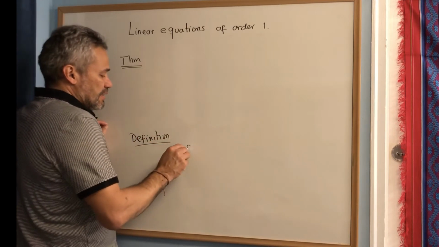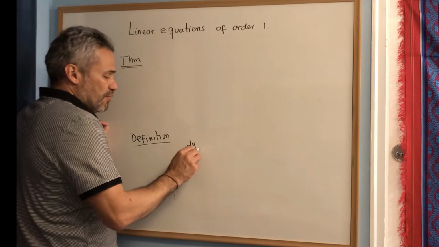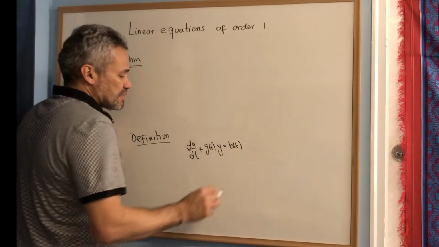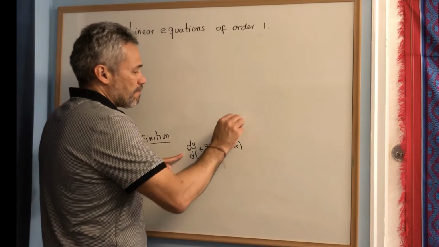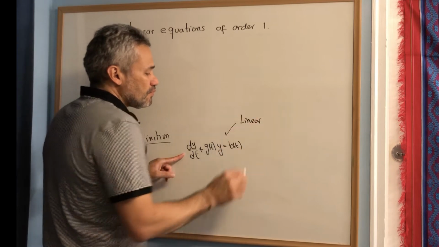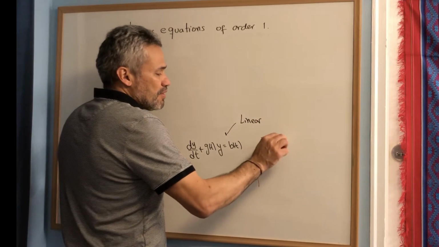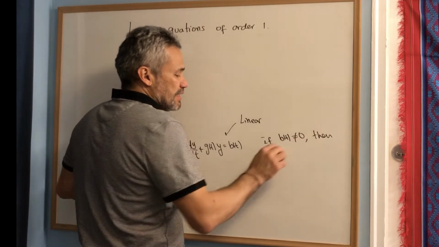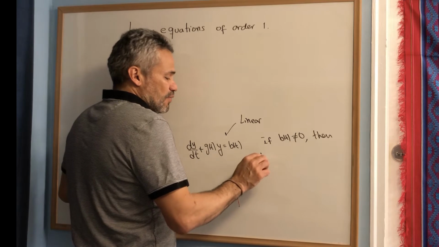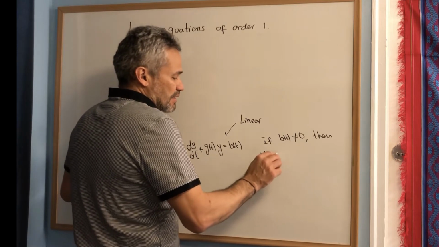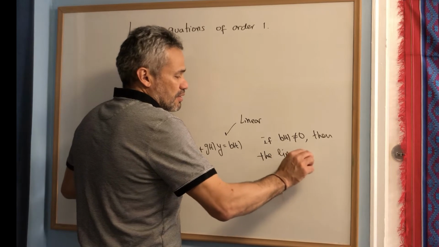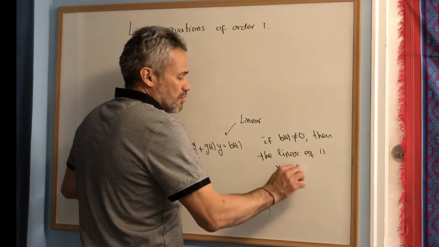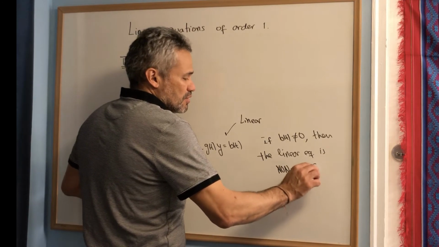Then we know that if we have something of this form, this is called a linear equation, right? This is linear. But then if b of t is different from 0, then we say that this linear equation is non-homogeneous.